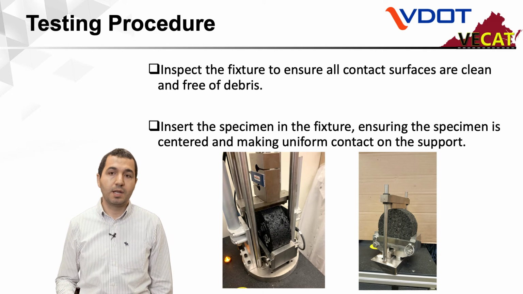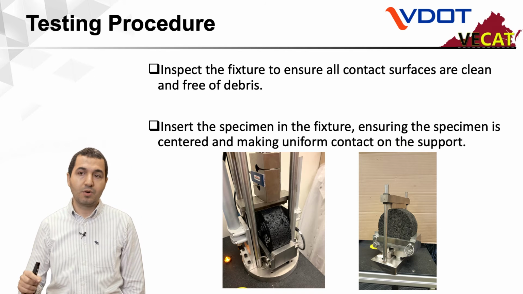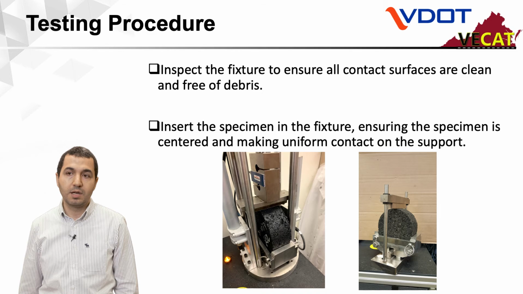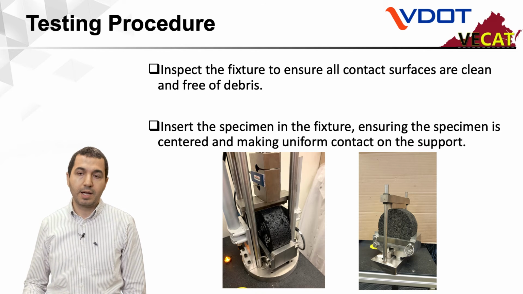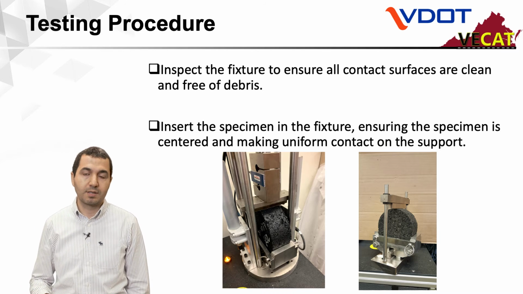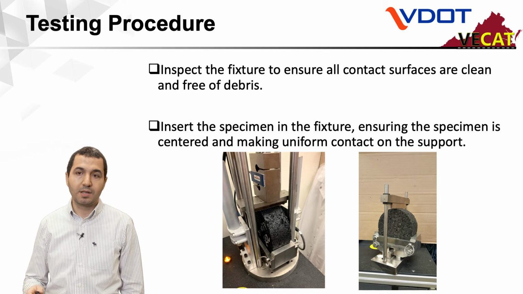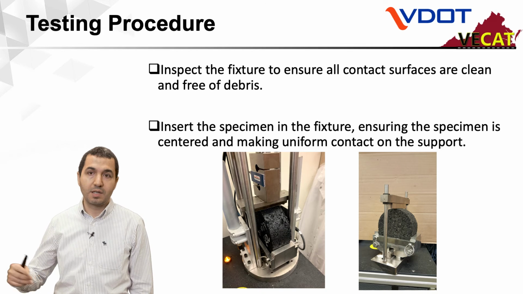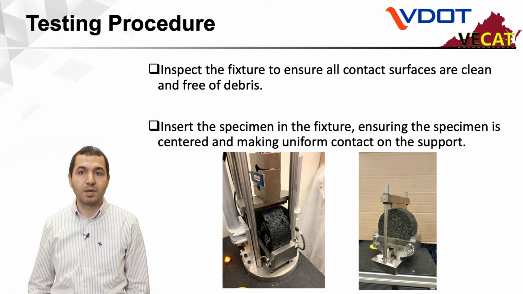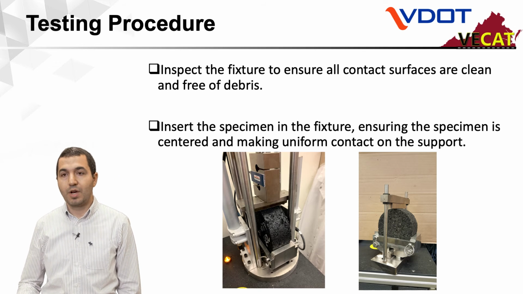One caveat here is that if you don't have a portable loading frame, as shown on the right hand side of the picture, it will require a little bit of time to install the specimens, and that may jeopardize the 2 minutes of testing procedure that you will see in the next slide. So you have to be careful about that.